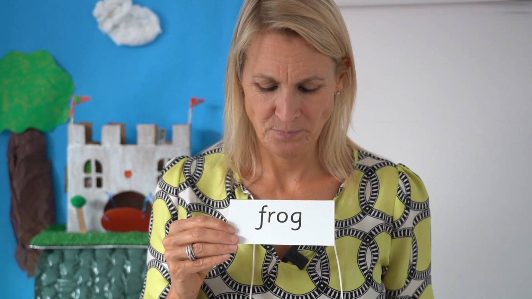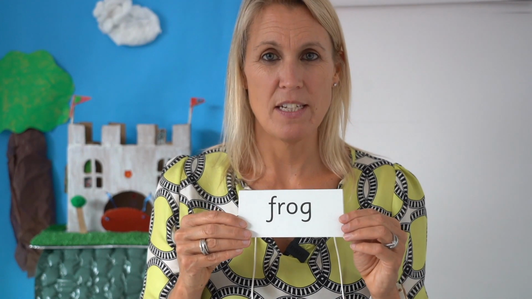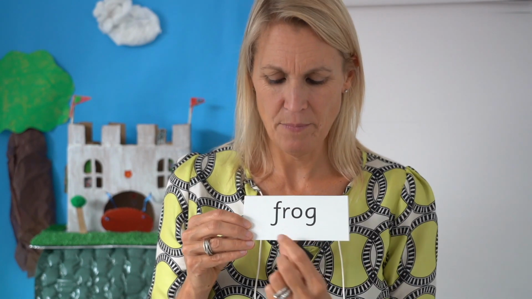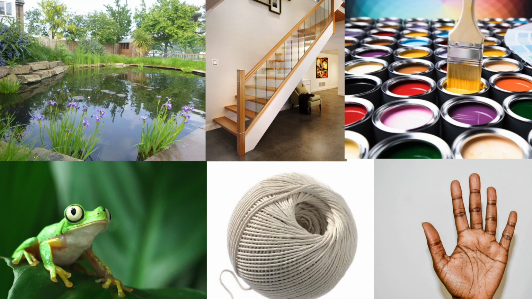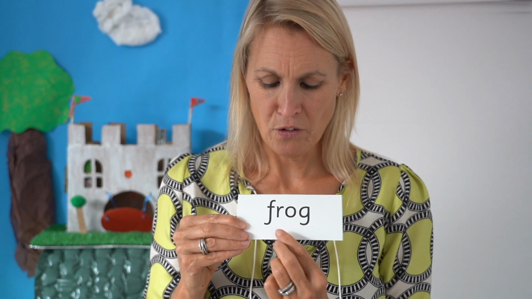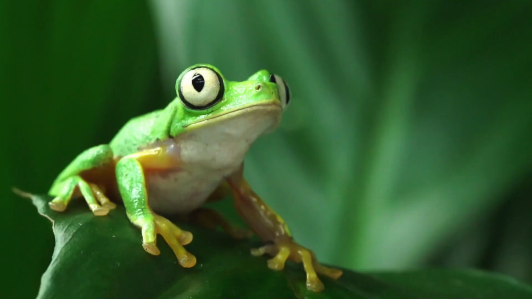Well done. Last word. Read each sound, then blend. Point to the picture that matches the word. Read it with me. Frog. Here is the picture of the frog. Did you get it right?